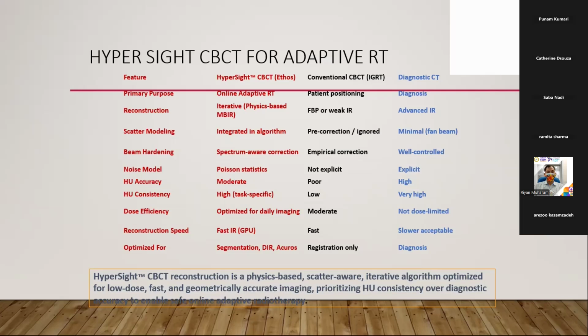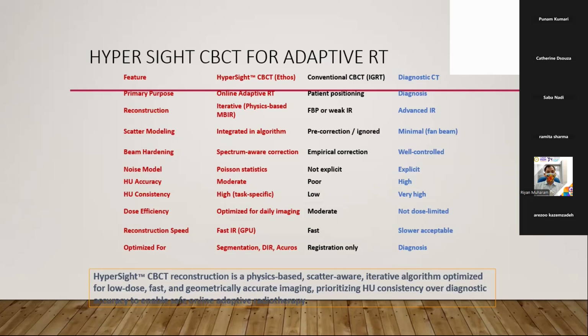Spectrum-aware correction is available in HyperSight, but empirical correction was used in conventional CBCT. To reduce noise, Poisson statistics was used in HyperSight, and it was not there in conventional CBCT. HU accuracy is moderate in HyperSight available today, and in conventional CBCT it was poor.